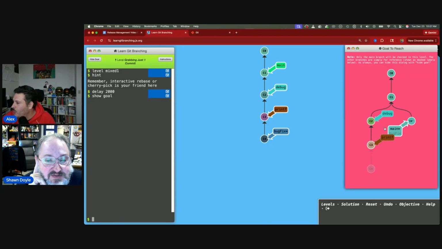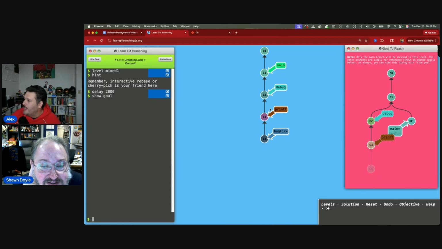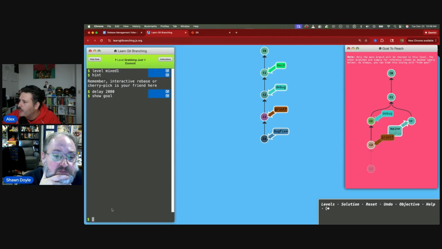Yeah. So this is the picture we want. We want C4 out of the mix. So main, yeah, printf stays on C3. Bug fix has to go to a C4. And yeah, so main and bug fix have to be the same commit, which is C4. So we are on bug fix right now.